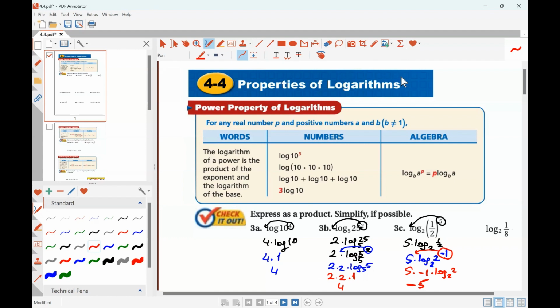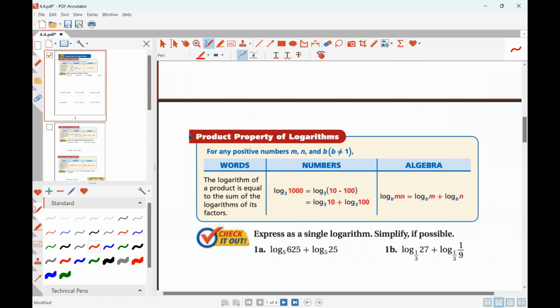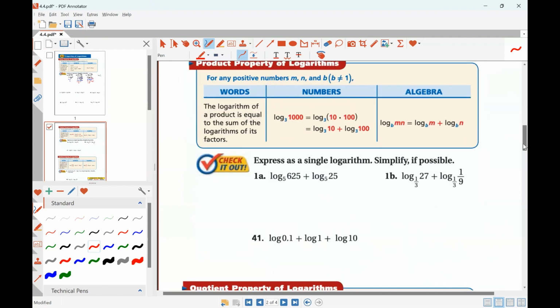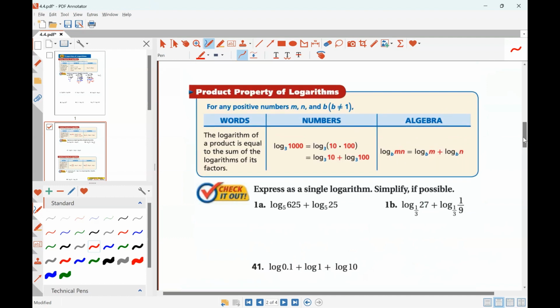So it's pretty simple. Let's continue with the product property. The product property is similar to the product property in exponents. Remember, in exponents, if we are multiplying two numbers with different exponents, we keep the base and add the exponents.